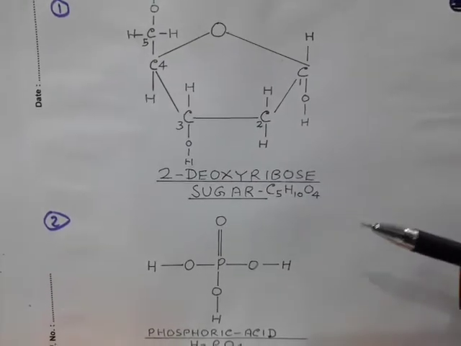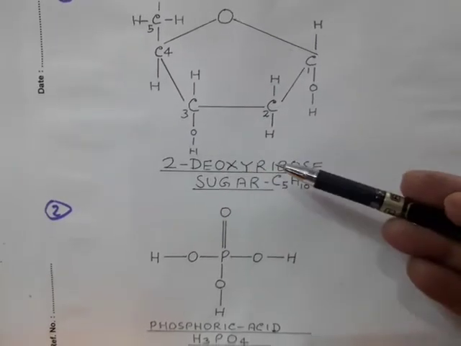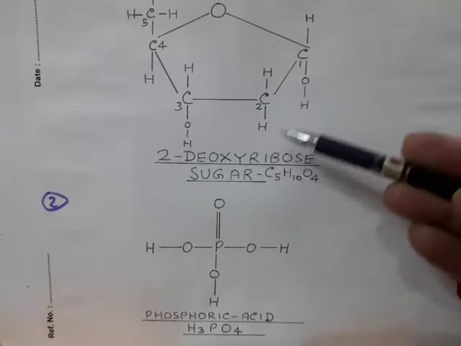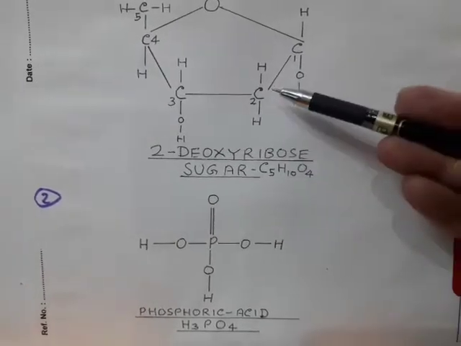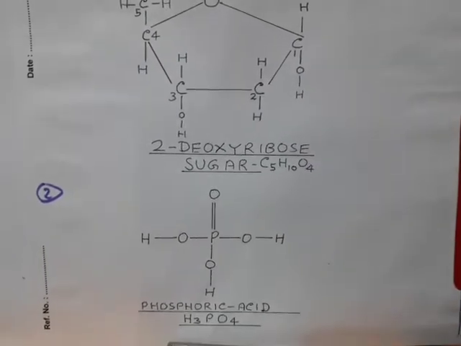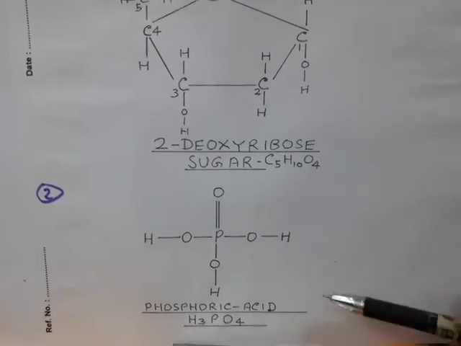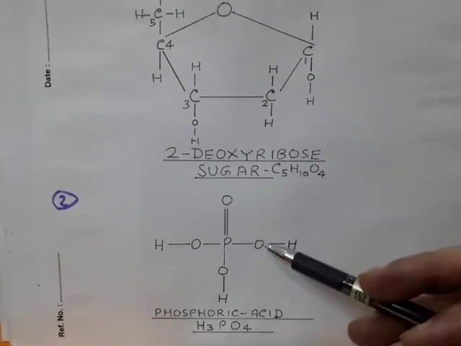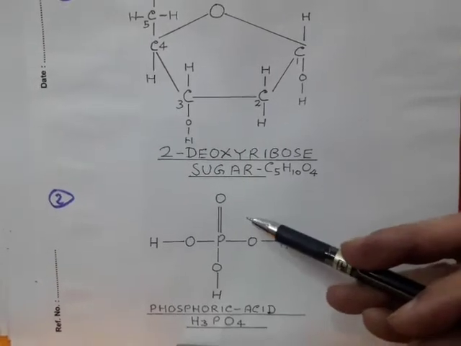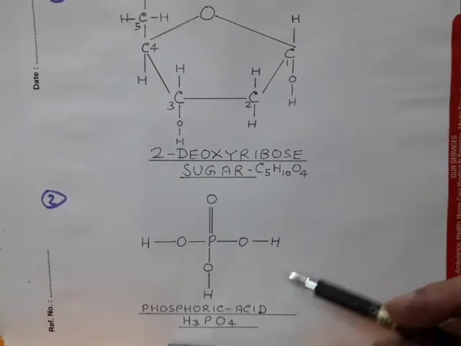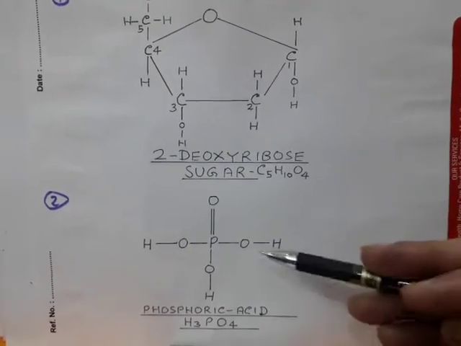De means removal of something, so 2-deoxy means one oxygen atom has been removed from the 2 position. Two, there is phosphoric acid, H3PO4, in which the phosphorus atom has one oxygen on one side and OH groups on the other three sides.